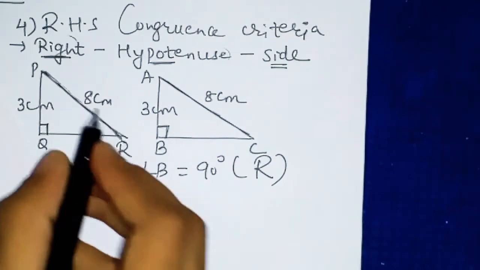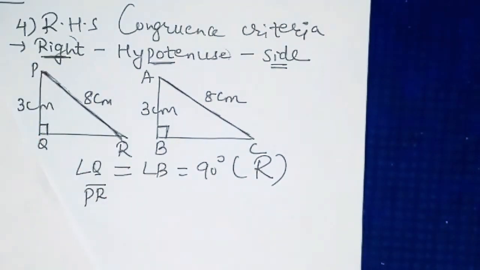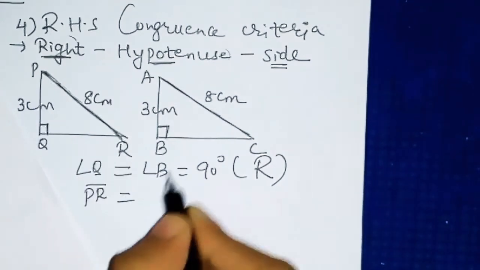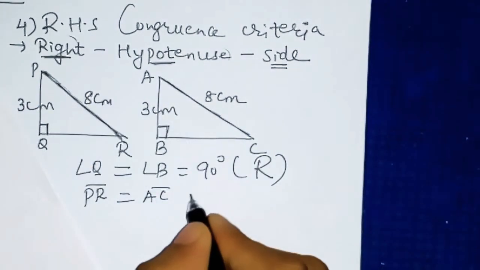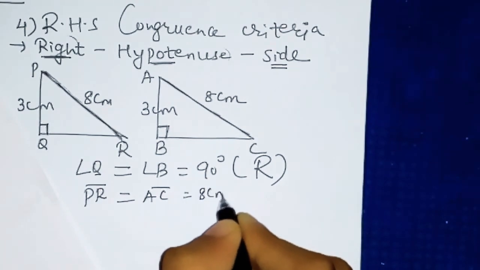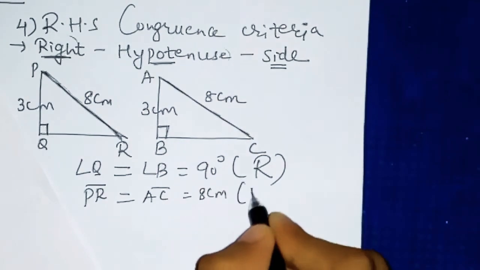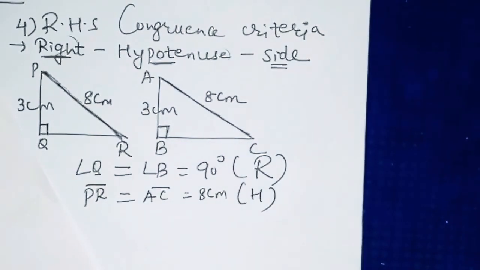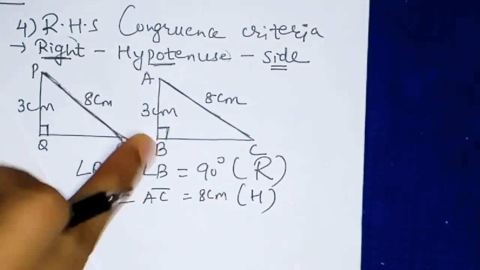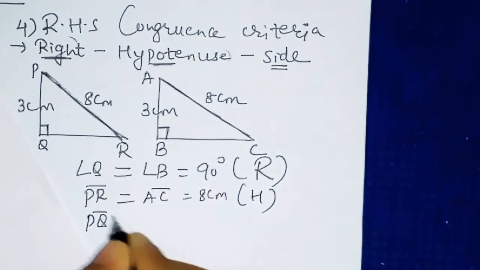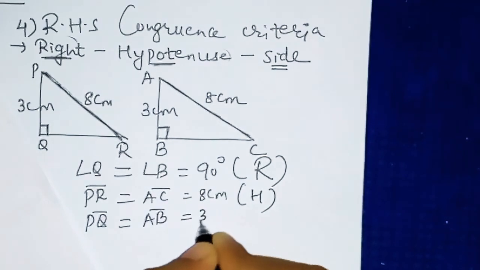Next, hypotenuse PR. Now this is the symbol of side. So PR is equal to AC. They both are the same, both are 8 centimeter and both are hypotenuse. So write here H. Now the third side, PQ is given equal to AB, and both are 3 centimeter.